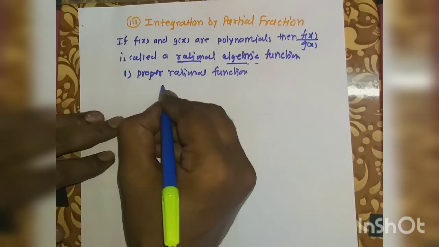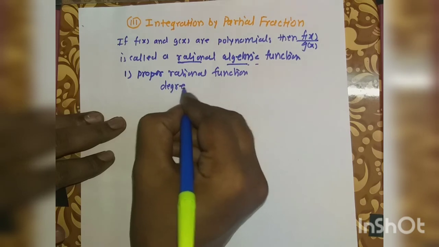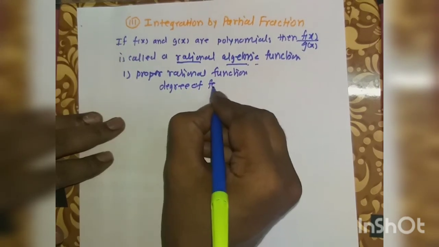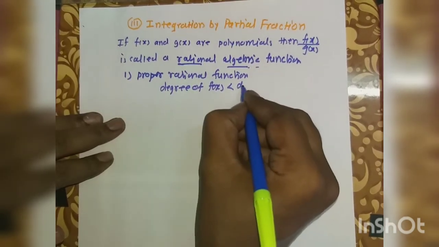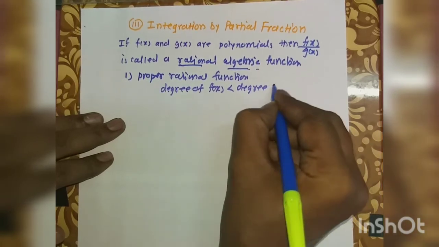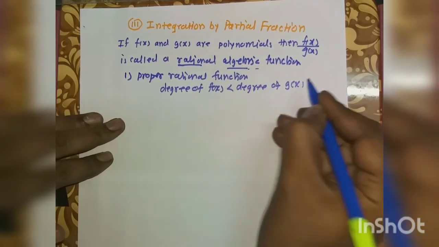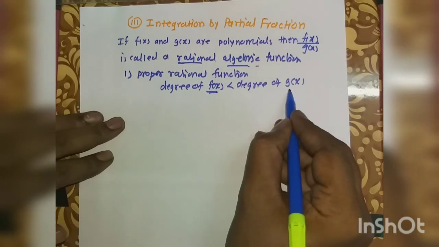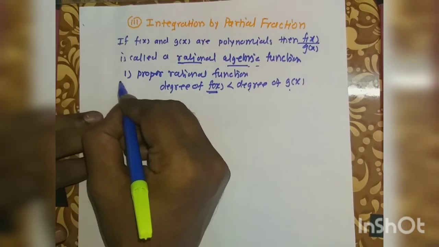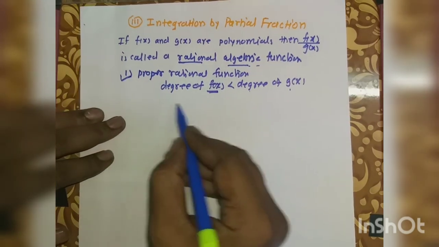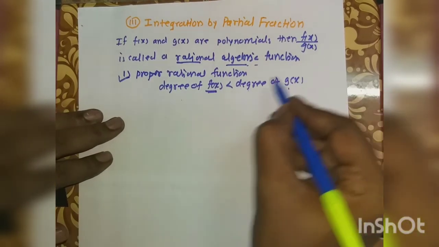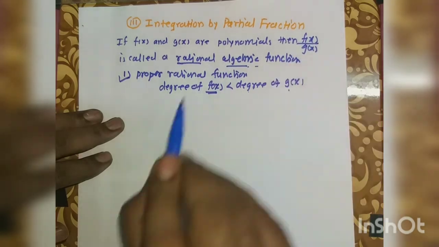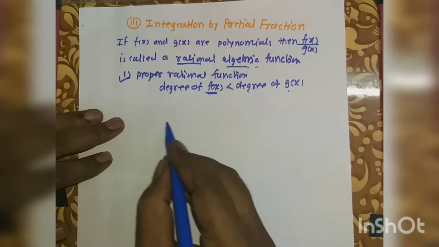Here the degree of f of x is less than the degree of g of x. If the degree of f of x is less than the degree of g of x, then it is called a proper rational function. We solve such a type of rational function in integration by partial fraction.